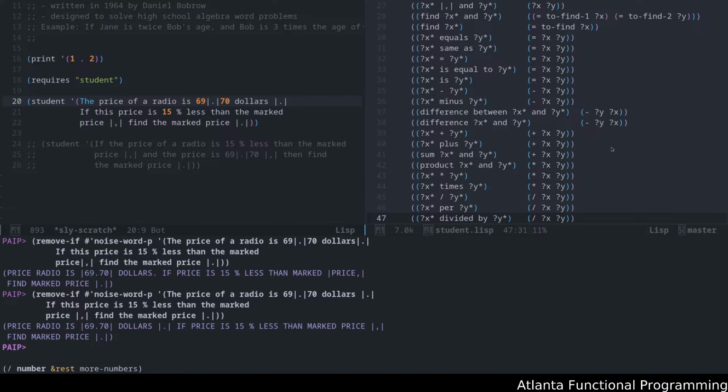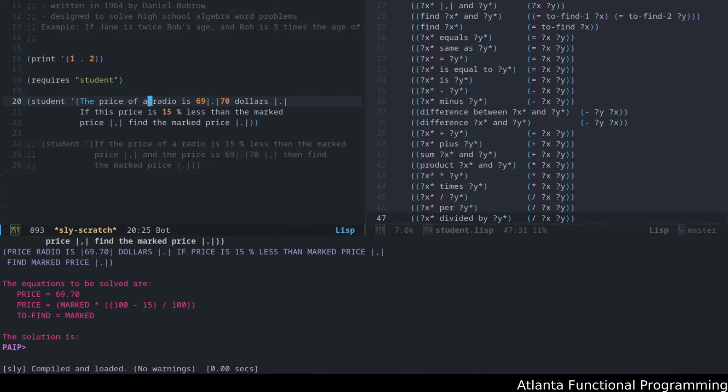Wondering if this is actually a problem that... you see, the problem here is to-find is not actually worth requiring.